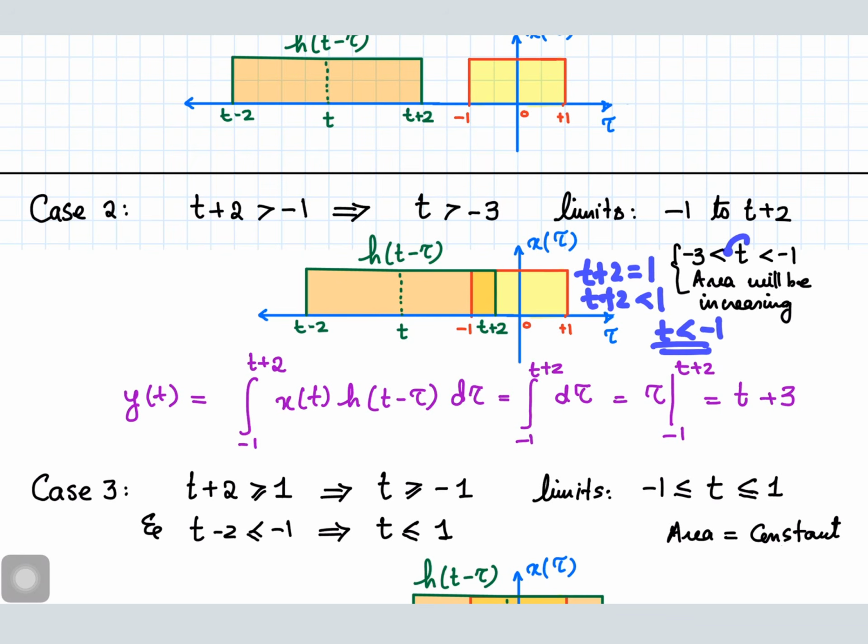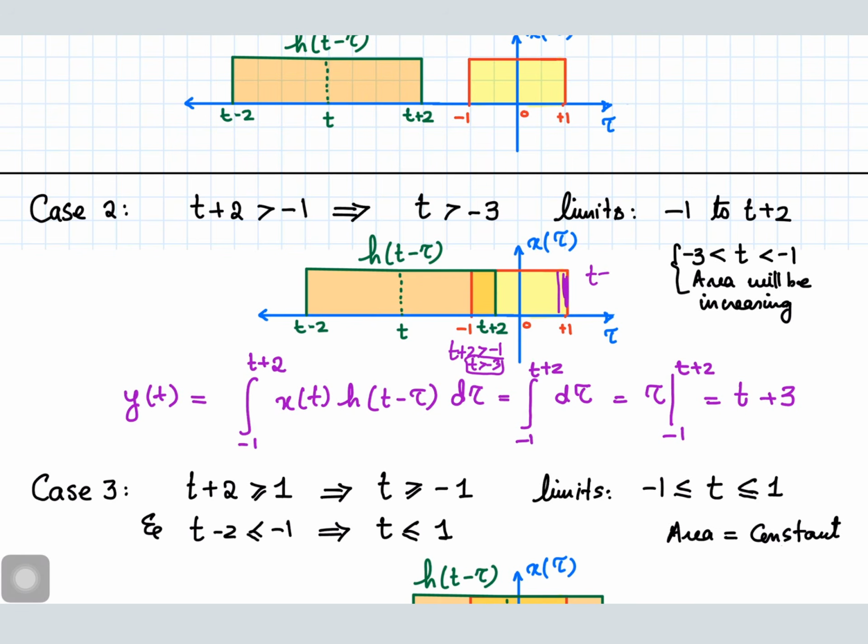So this is the limit over t from -3 to -1, because at this point you can see that t plus 2 is greater than -1. What that means is, when t is greater than -3, from this point till this one, while the overlap is up to this point, your area will be increasing.